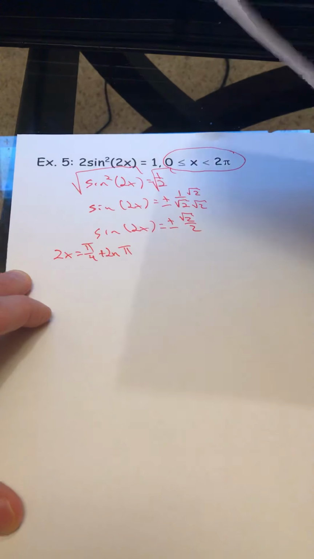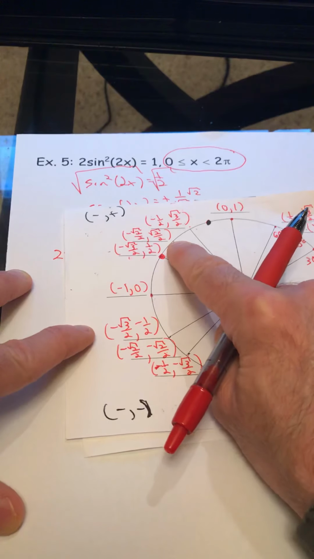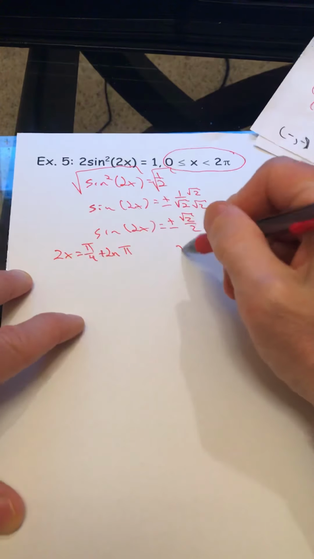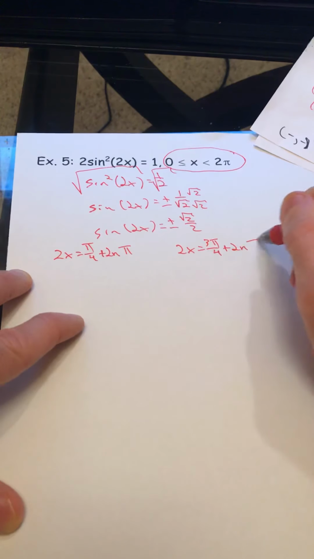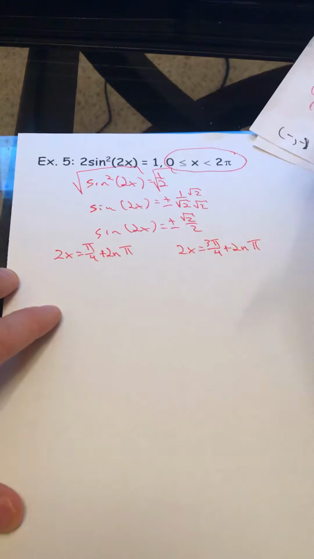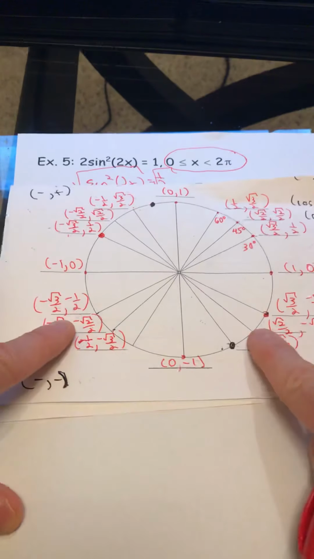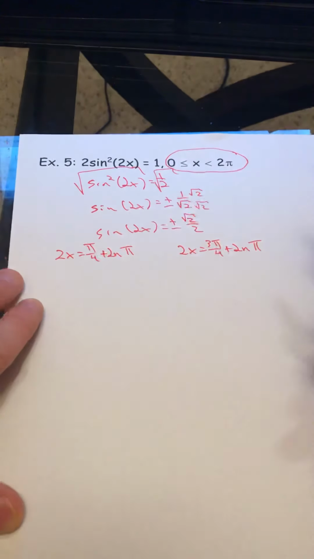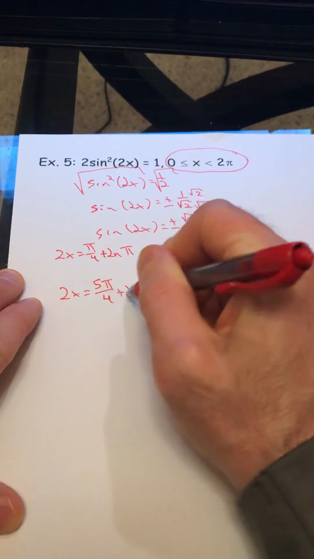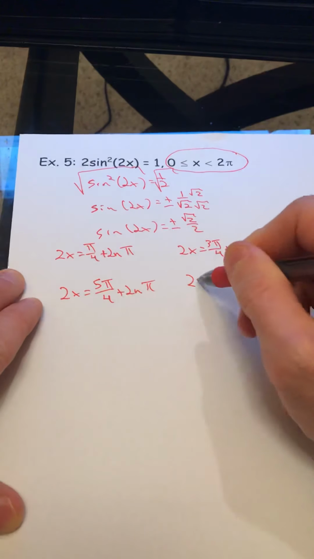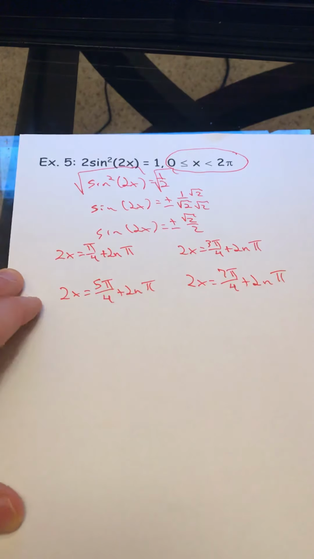The next place where sine is radical 2 over 2 is at 3 pi over 4, plus 2n pi. Then for the negatives, 5 pi over 4 and 7 pi over 4. So this does end up being a little bit more involved as we work through this one.